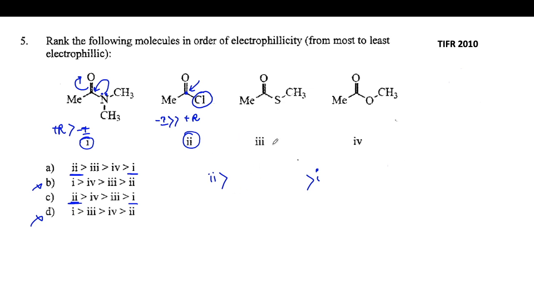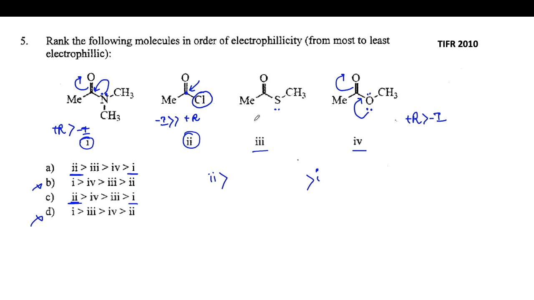But if you see the comparison of 3 and 4, sulfur cannot donate the electrons because the electron pair is in the 3s orbital. However, oxygen, even though the minus I effect is greater because of greater electronegativity, still has a higher plus R effect than the minus I effect.